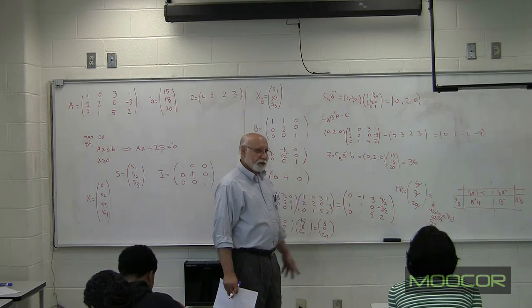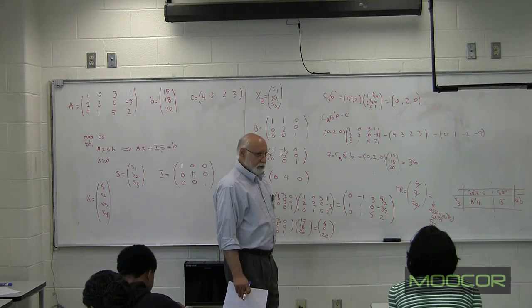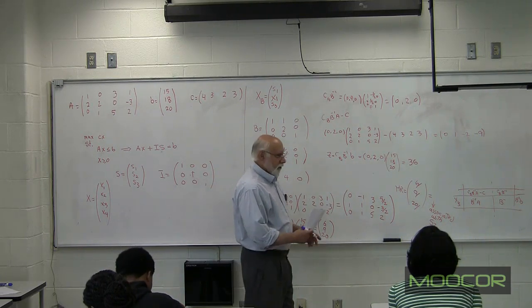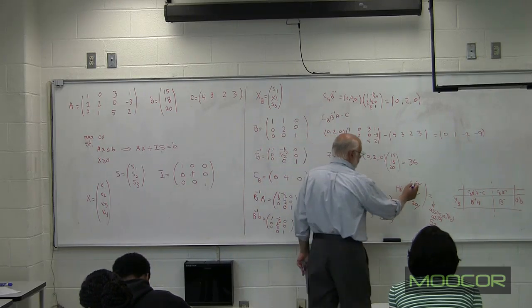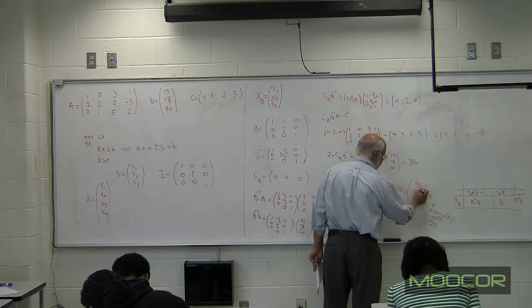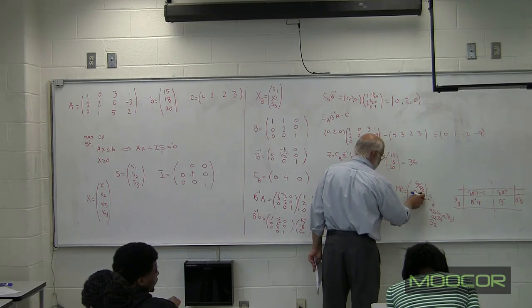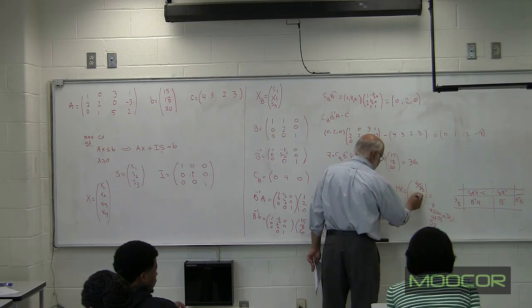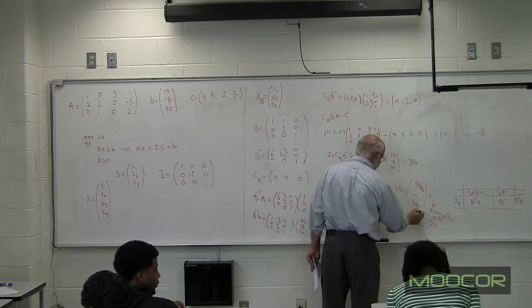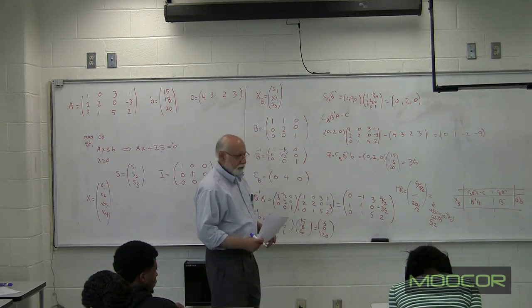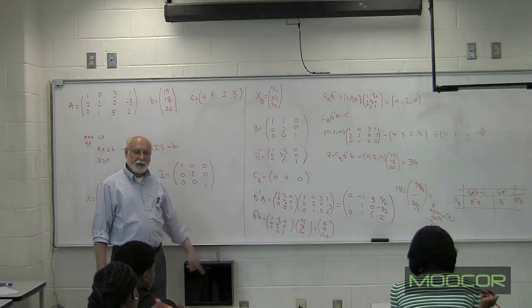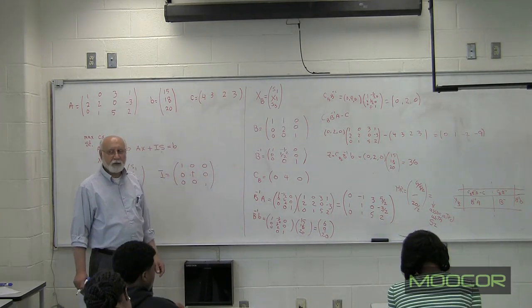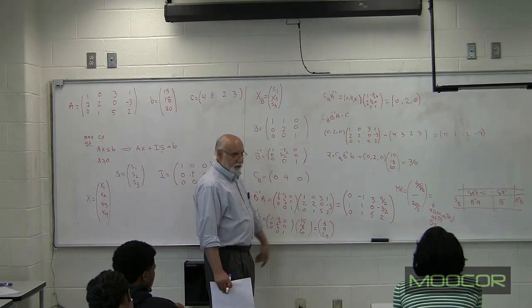Over which numbers should it be? It would be 5 over 2, dash, and then 20 over 2. Are you clear where I got those numbers? I got them from the inverse A.